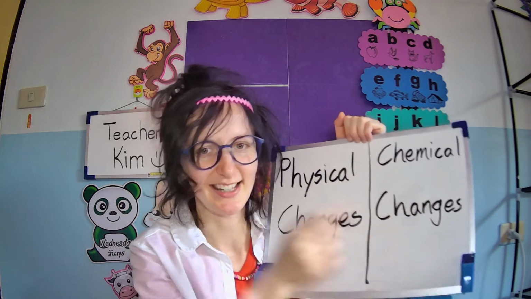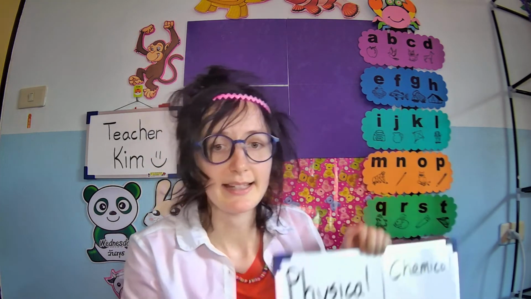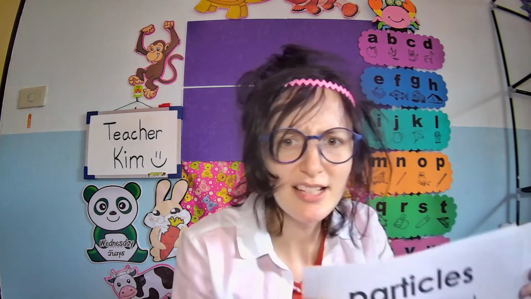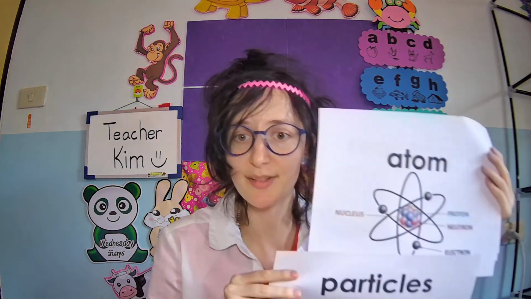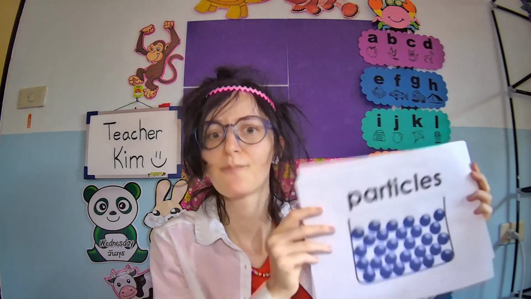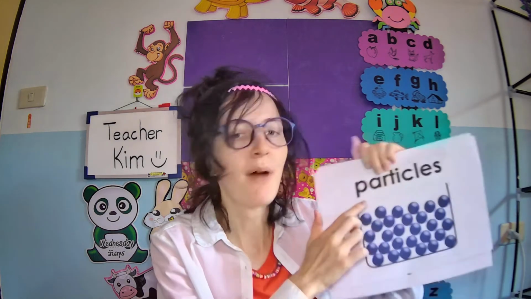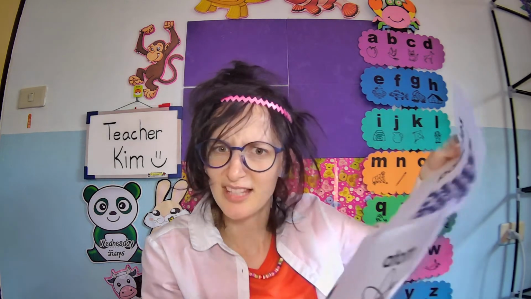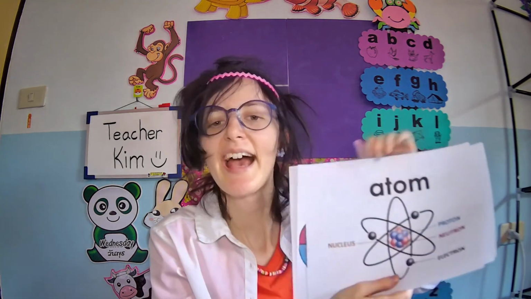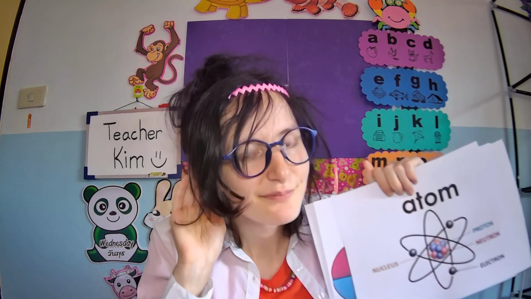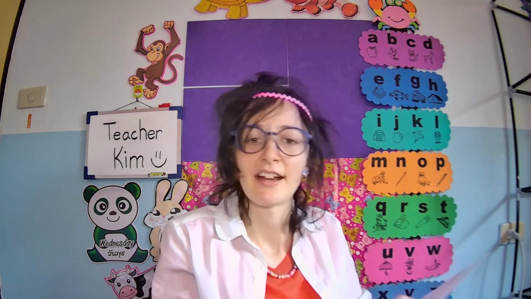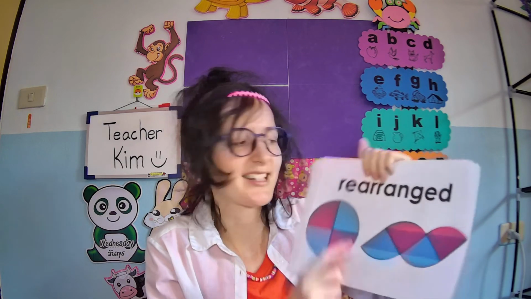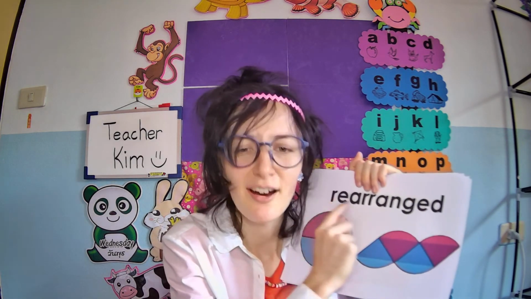And the other type of change, everyone say chemical changes. Chemical changes. Yes, in a chemical change, actually the smallest particles, the atoms, are rearranged. So everyone say particles. Particles even break it down smaller and we get atom. The atoms are rearranged. Everyone say rearranged.